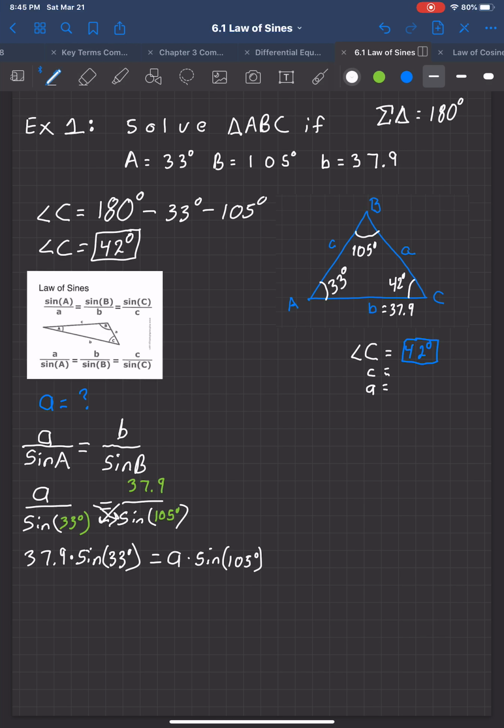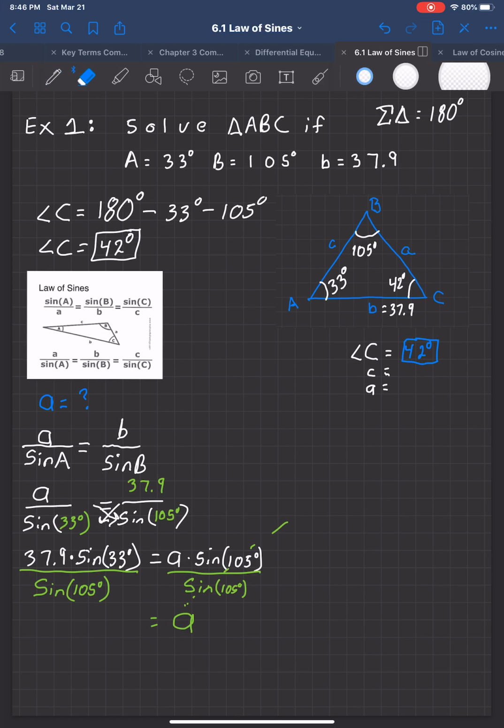All right, so hopefully you're anticipating where I'm going to go next. I still don't have a by itself, but if I divide the right side by sine of 105 degrees, that would allow me to solve for a. I just have to be willing to compensate by dividing the left side by sine of 105 degrees.